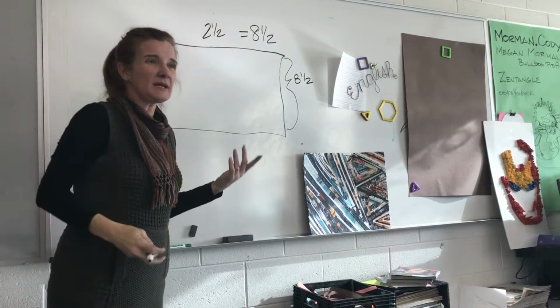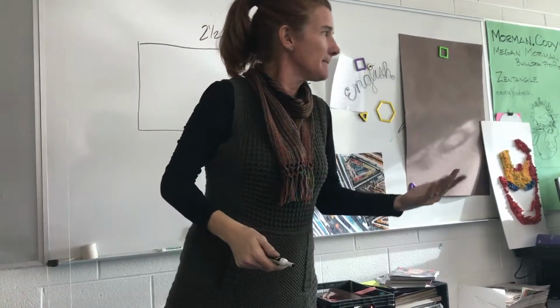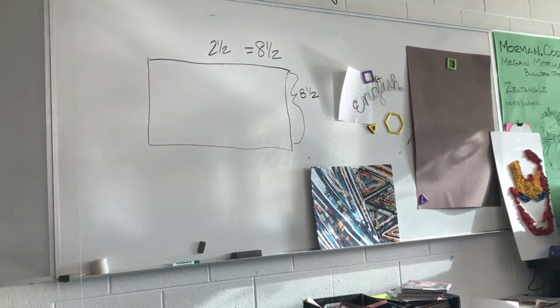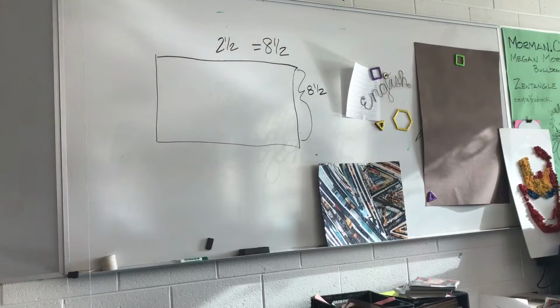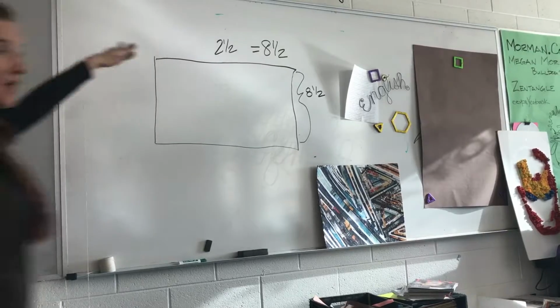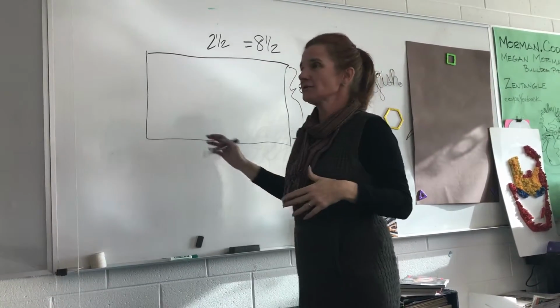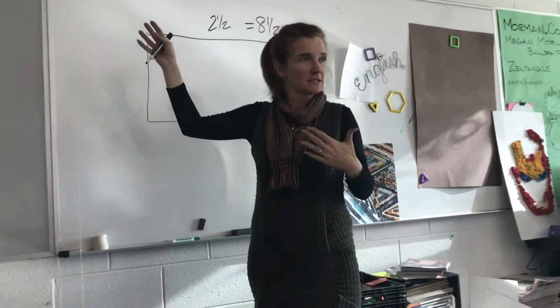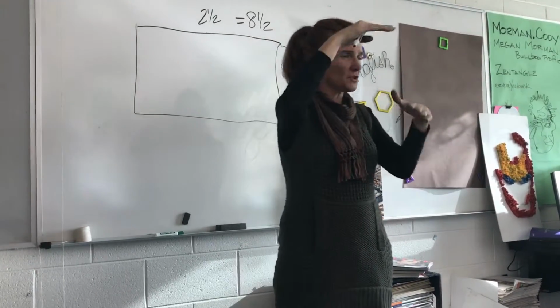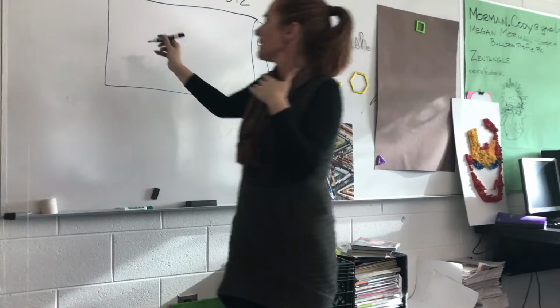We need to figure out what the other two parts are. I want it in the middle, so there's going to be 2 equal parts on each side of it, right?